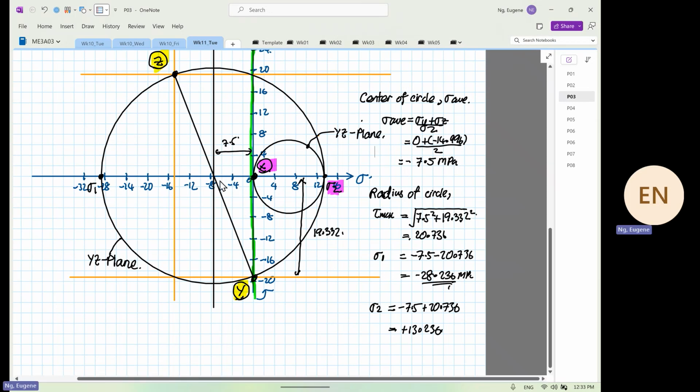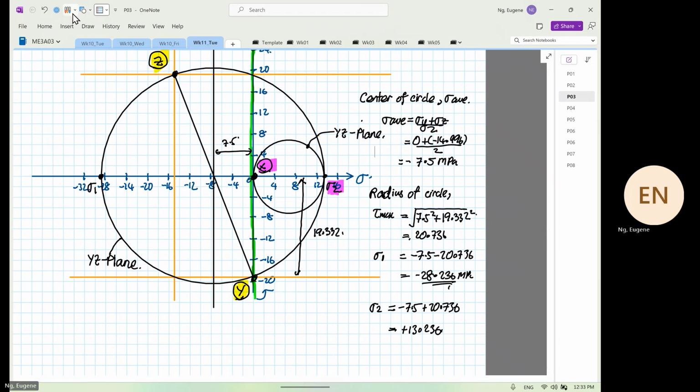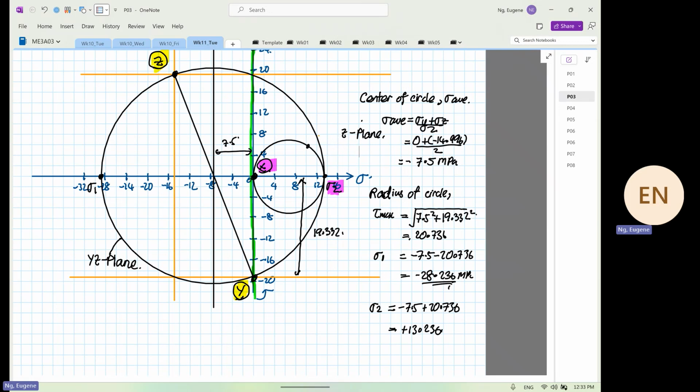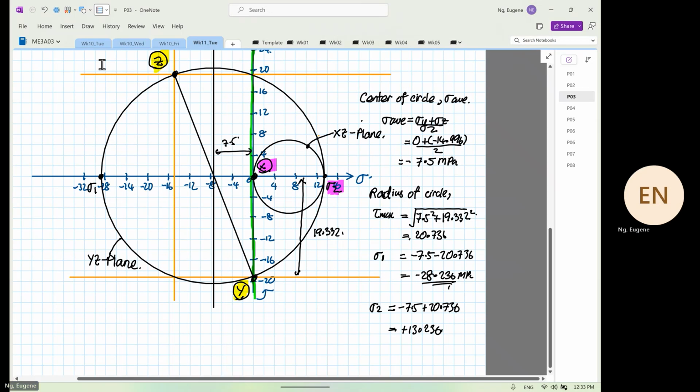And the last circle, 2, 4, 6, 8, 10, 12, 14, 7. Oh, no, this is XZ, sorry. This belongs to the XZ plane. Thank you.